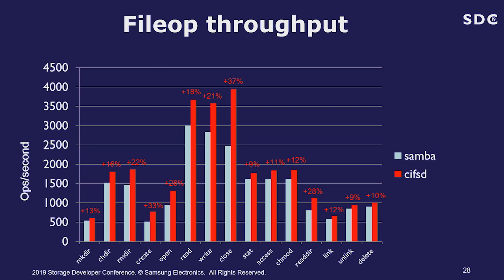PyROPI is a tool to show performance as the number of file operations that can be performed per second. I think it is a good benchmark tool that evaluates the overall file system performance rather than measuring simple read-write performance. As a result, in PyROPI, CIFSD was estimated to perform 9% to 37% faster overall.